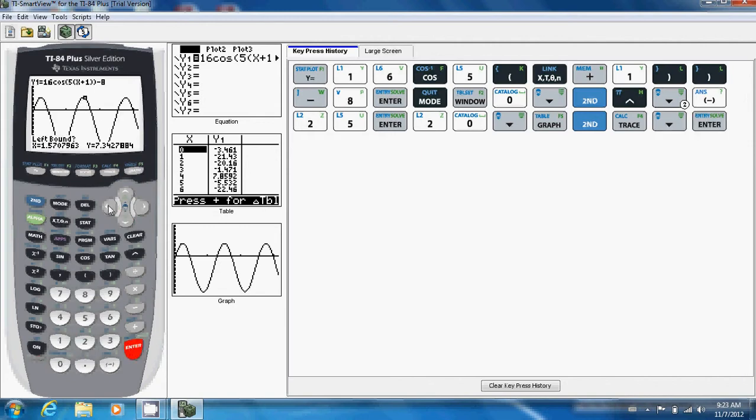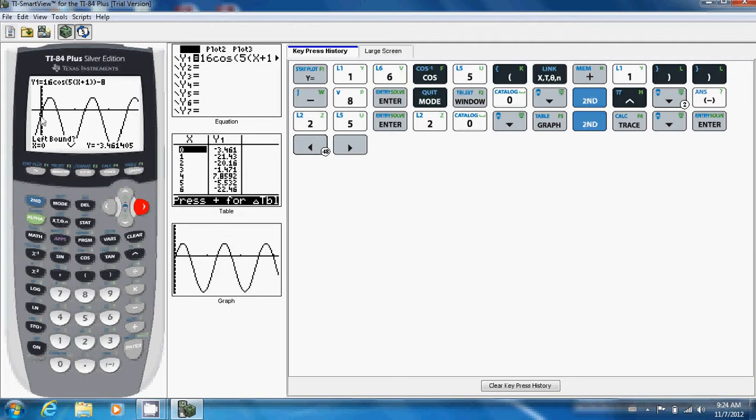Okay, and now if we move our little cursor, we're going to have to move it quite a ways here. I'll keep going. Whoops. Okay.